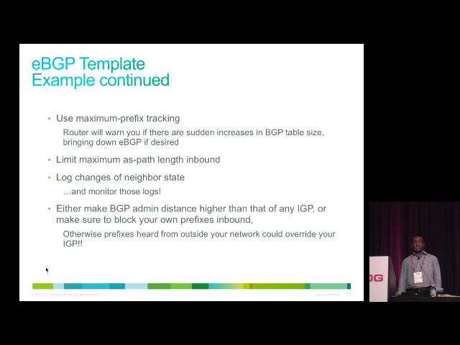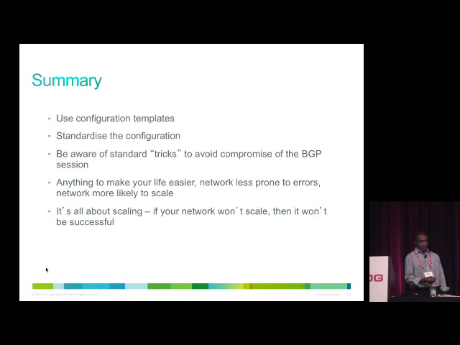You can limit the AS path lengths inbound as well as outbound. You can limit the prefix lengths that you receive. So the key is configuration templates are very important. It helps you scale.